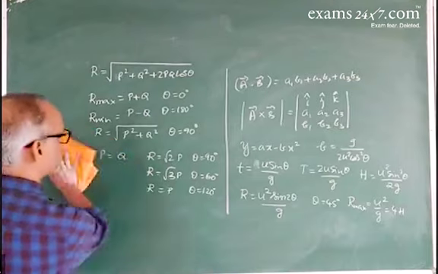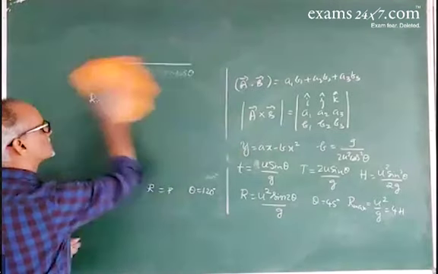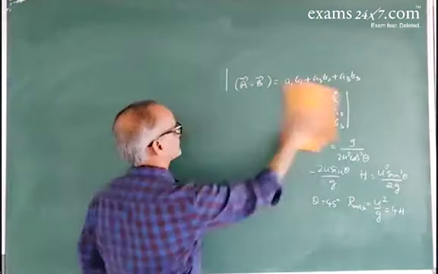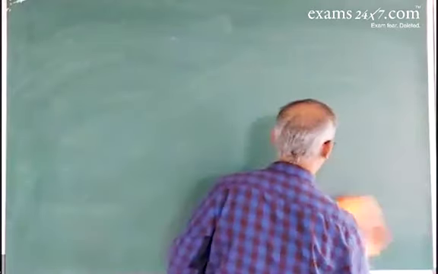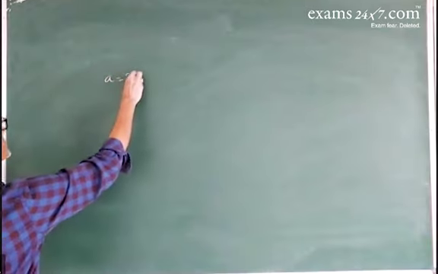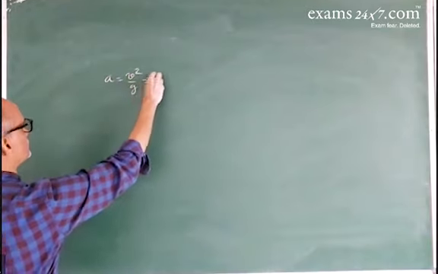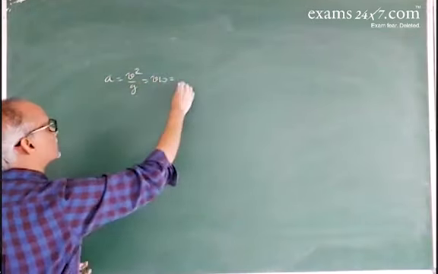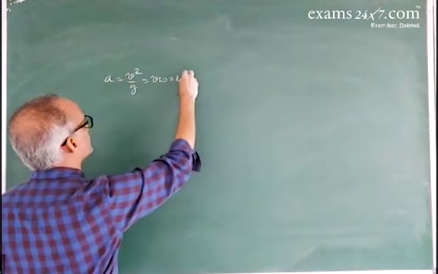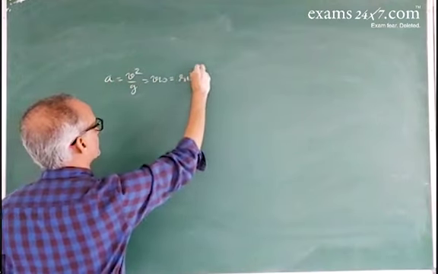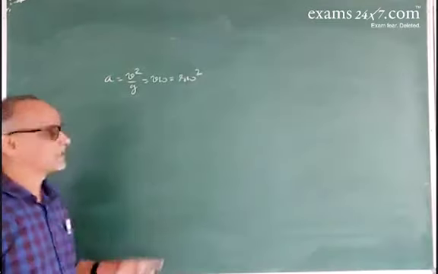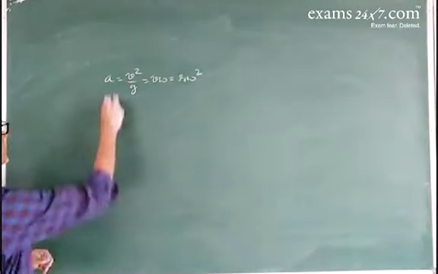In another concept, uniform circular motion, the two important equations are centripetal acceleration, a is equal to v square by r, v omega, and r omega square. It's directed along the radius towards the center.